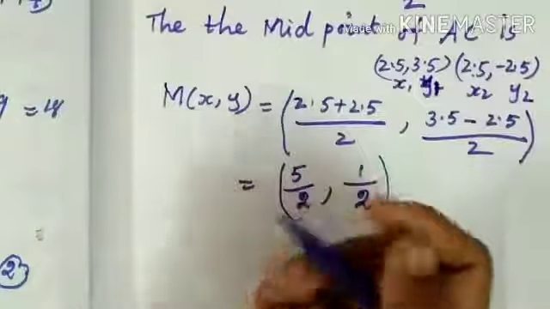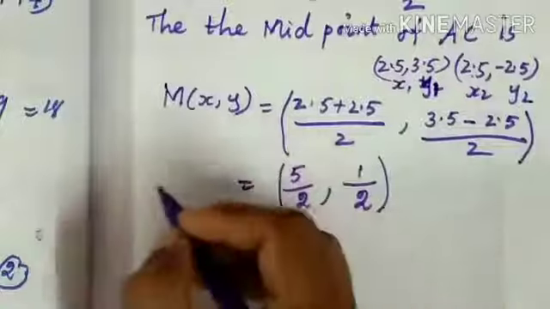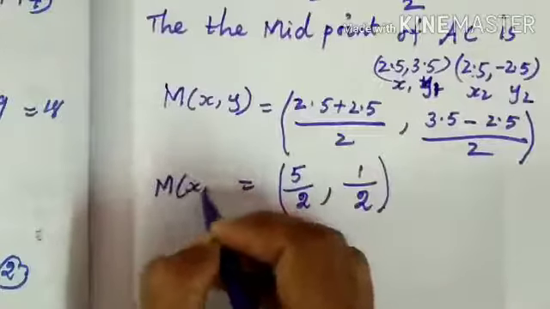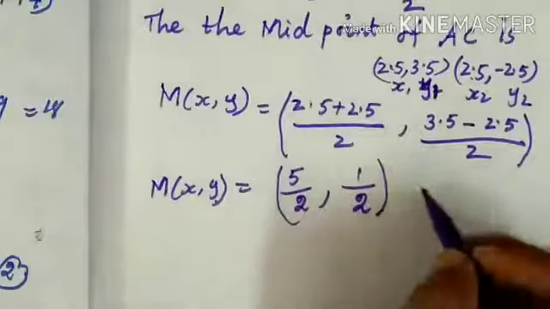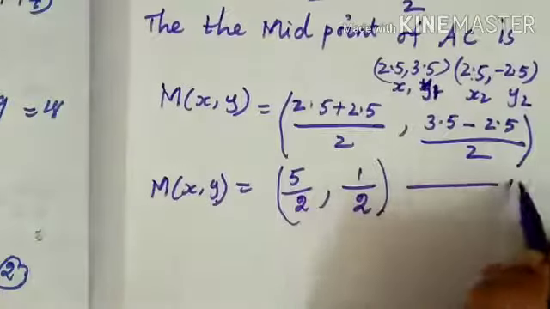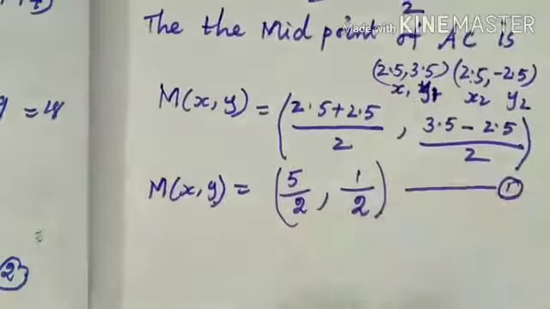This is the midpoint of AC, that is (x, y) is equal to (5 by 2, 1 by 2). This one you take as number 1.